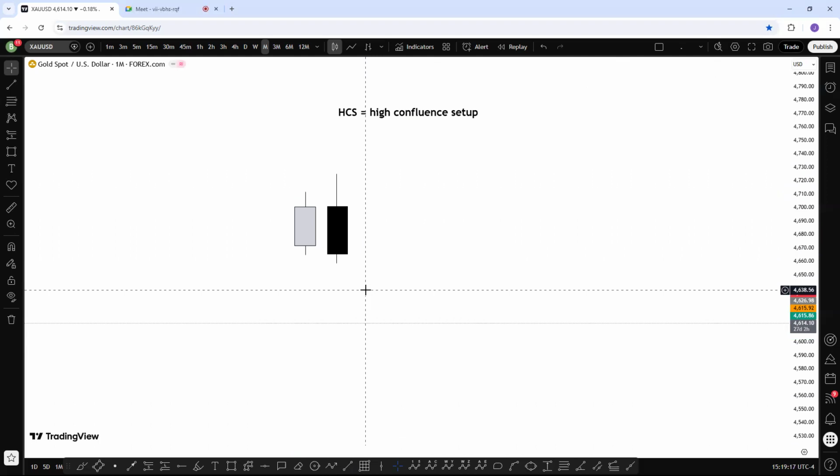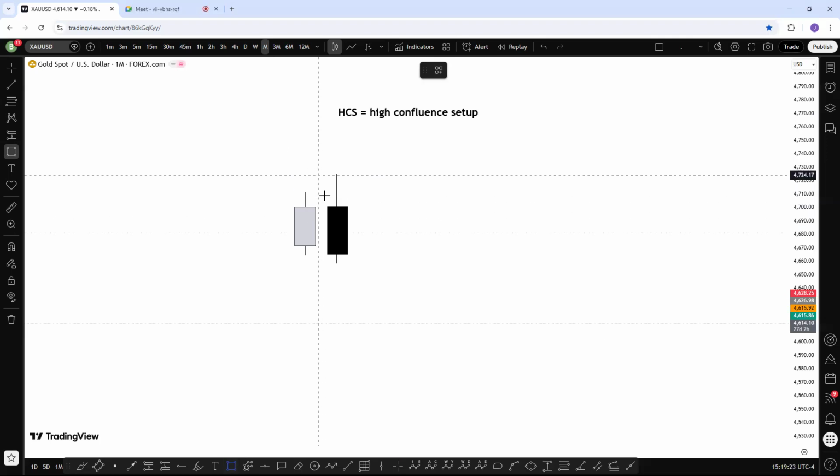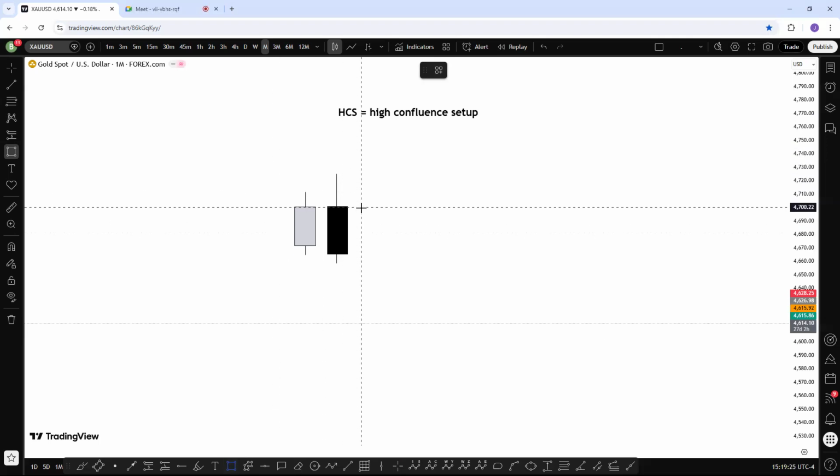Now, when you have seen manipulation and you want to trade, most of the time you are going to wait for a retest. A retest is usually your last area of liquidity being created.